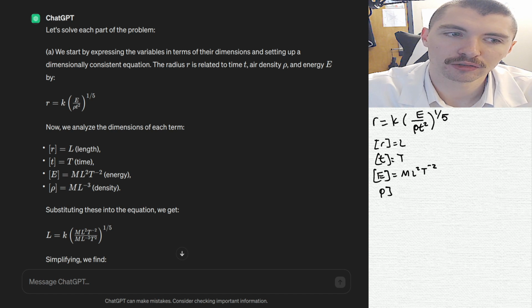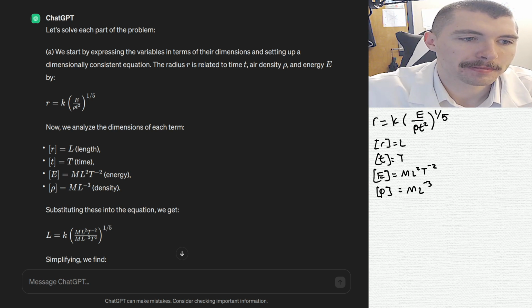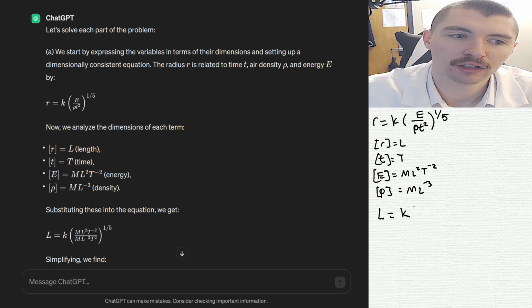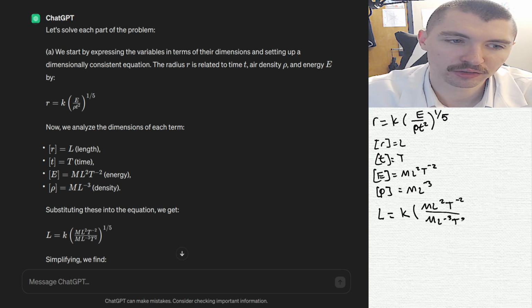And rho is M L to the negative 3. So L equals K times M L squared T to the negative 2. I have no idea where they got this equation, by the way. I'll have to ask for an elaboration.